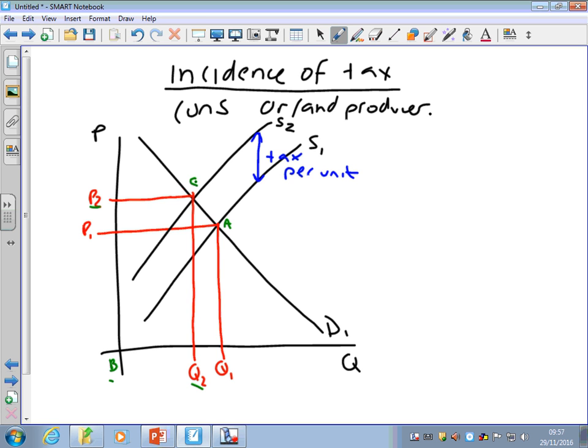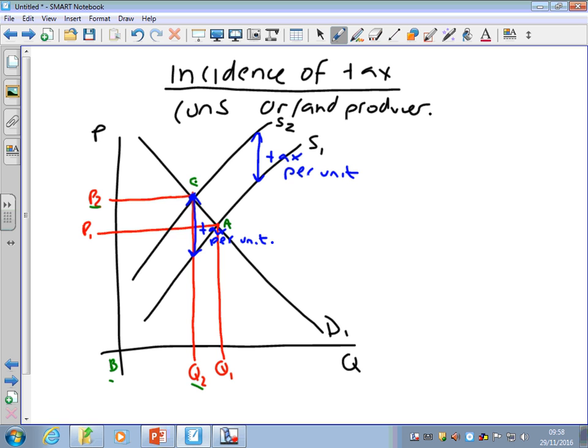Now to work out how much tax is paid, I'll use a different colour pen to make it stand out for a start. We start at the new market equilibrium point. Now when you think about it, this is the tax per unit. That is how much tax the firm has got to pay on every one that they sell.